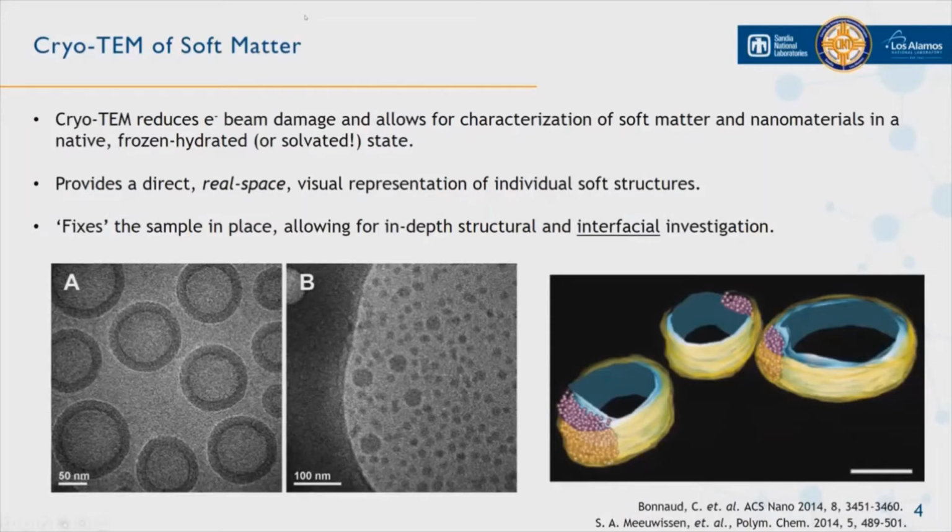So by imaging against a background of vitreous ice, not only do we get an image of the hydrated structure, but we also see an increase in contrast difference when compared to depositing on a carbon substrate. This is in comparison to another in situ electron microscopy technique, which is liquid cell TEM.